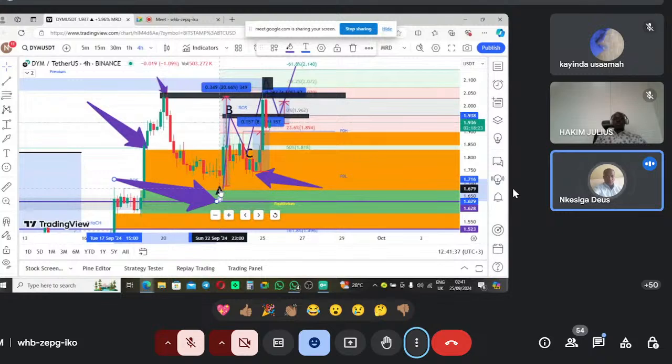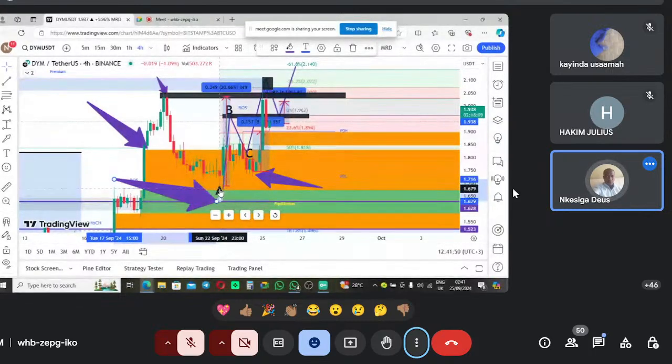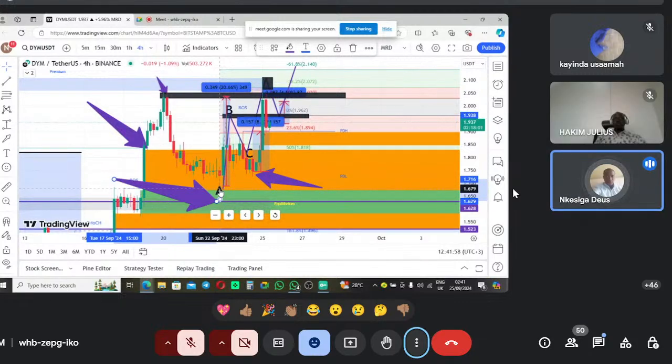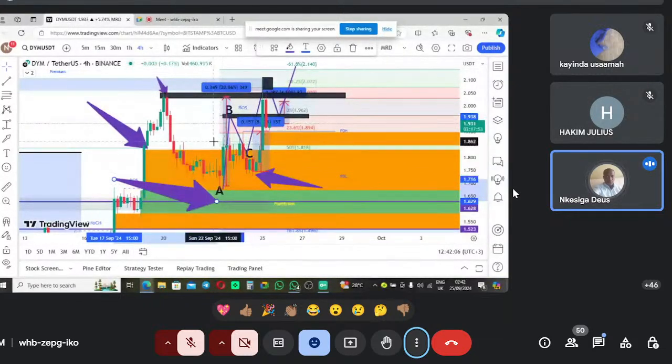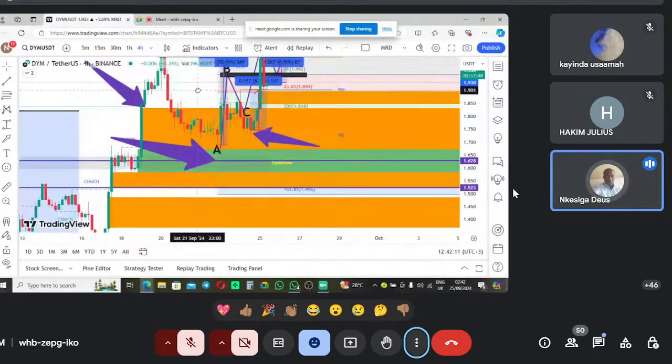It was coming back to test the fair value gap and the green block. And where the green block is, we have what you call equilibrium. Therefore, there was a strong support at that area. You could enter without fear, targeting the previous high, whereby it was at 20%. So that's how you could use these two indicators and enter a trade.